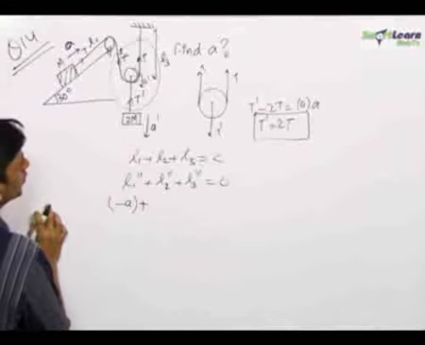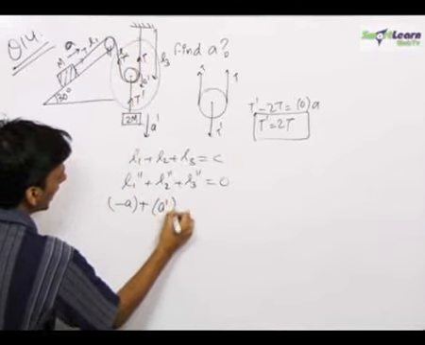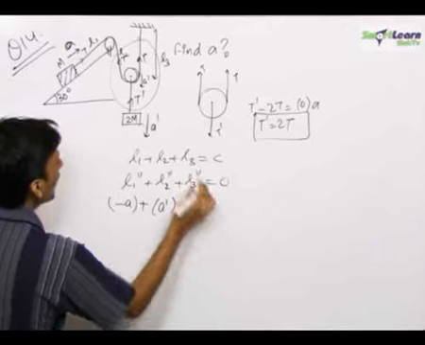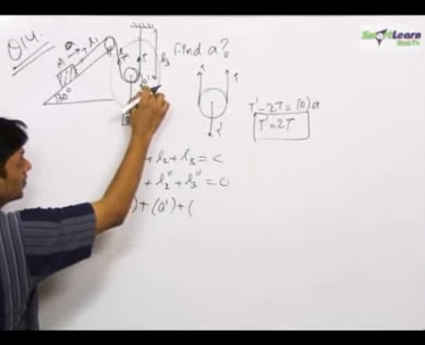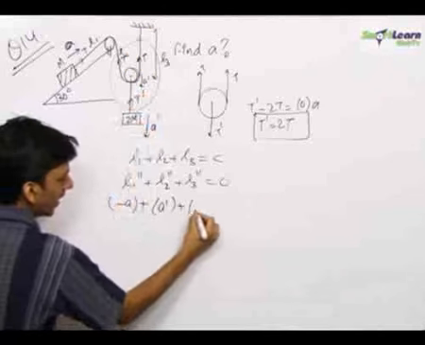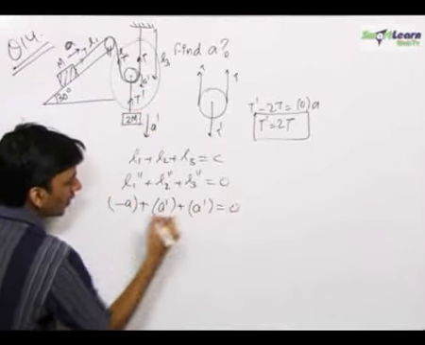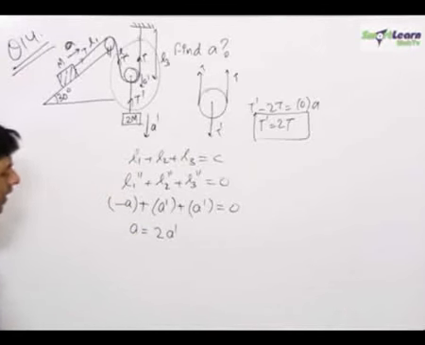Therefore this pulley moves with A dash, and it increases this length L2 by A dash. Now for L3, the same case as L2, this pulley is doing the job of increasing this L3 at the rate A dash again. Therefore we write this and we get A is equal to 2 times A dash.